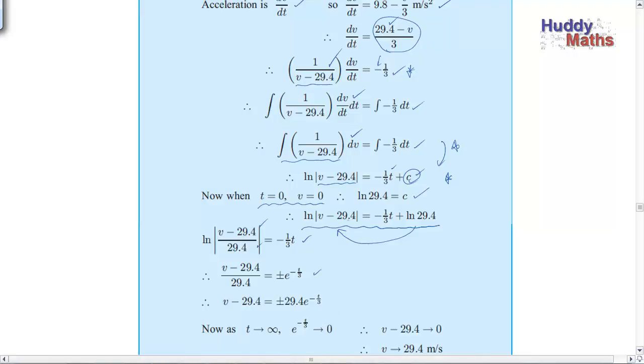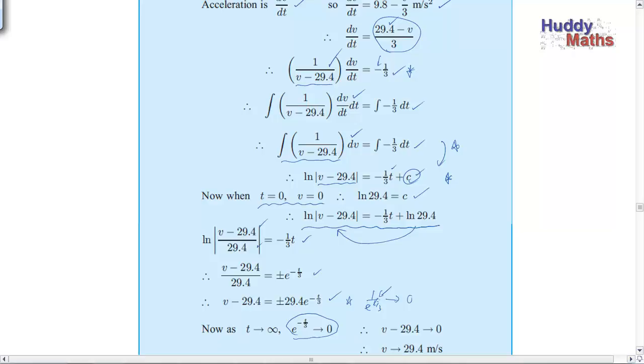Okay, so we've got our formula, and we can rearrange this, multiplying both sides by 29.4, and then adding 29.4 at the end, or you can just discuss it here. As t turns to infinity, e to the neg t on 3 is 1 over e to the t on 3, which tends to naught for large t.